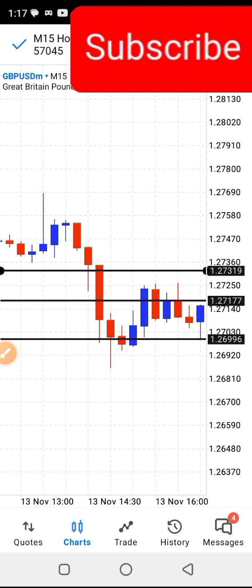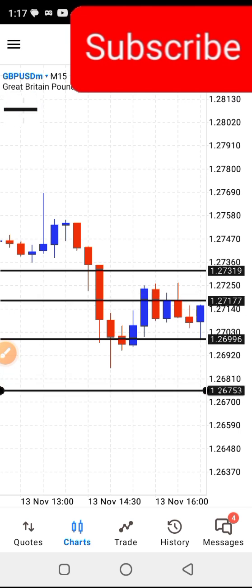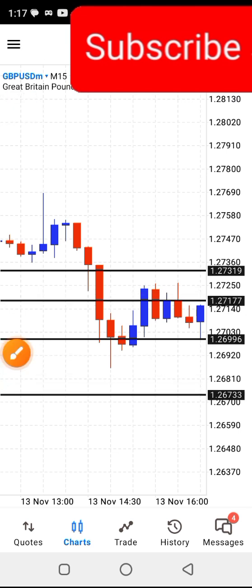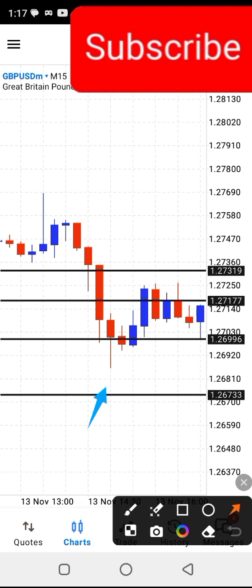So where will my take profit position be? Let me do a little calculation here. This is where I'll be entering my sell trade from, and that's my stop loss. So my entry is 1.2699, approximately 1.27, and my stop loss is 1.2731. So let's just say 31 pips.